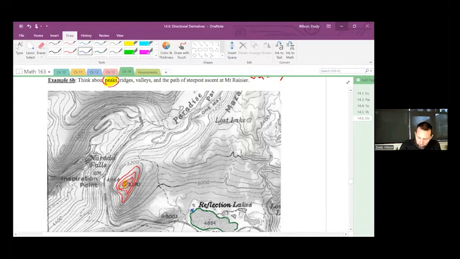down here from Reflection Lake, and I want to cut across the next contour, but I always have to be perpendicular to the contour. So it looks like I'm going to go there, and then if we want to keep going, we could keep going up. I'm trying to go with steepest ascent.